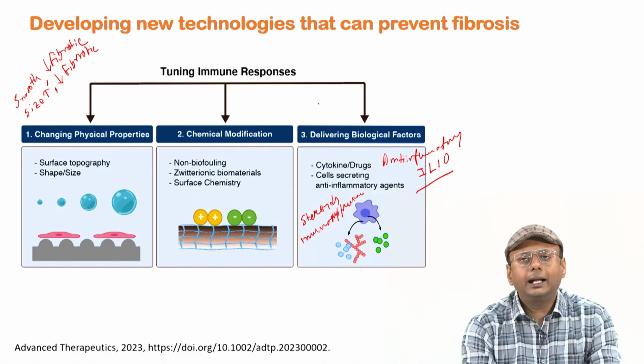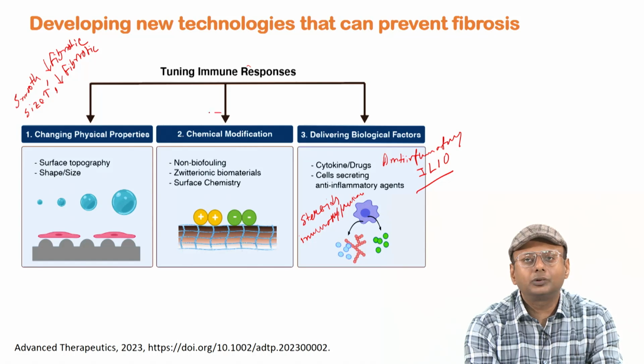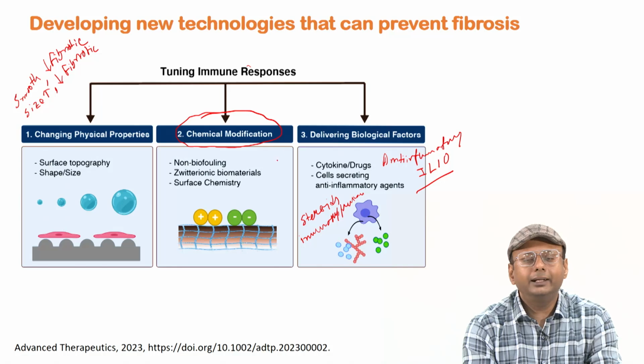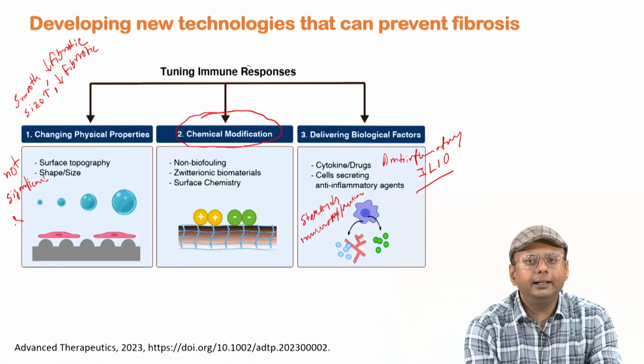So the third handle, or the third component, is the most interesting. Why is this needed? Because this physical barrier or the change of physical property, although it can manipulate the fibrotic response, is not significant. These are not significant and long term.